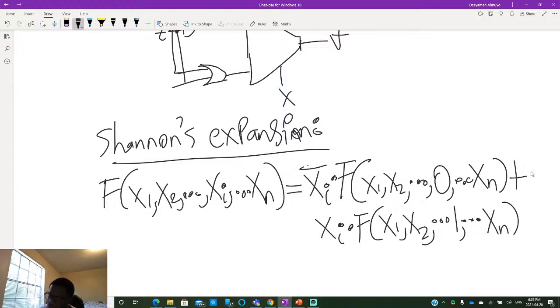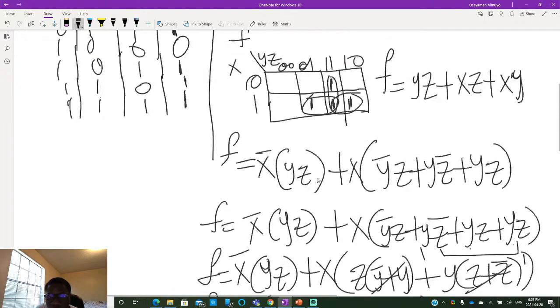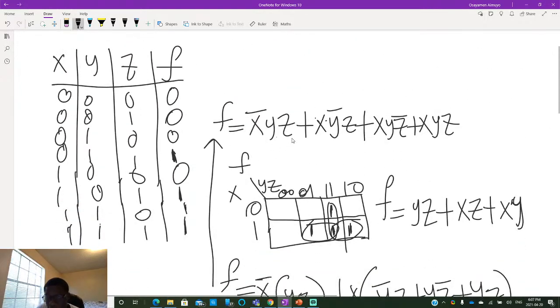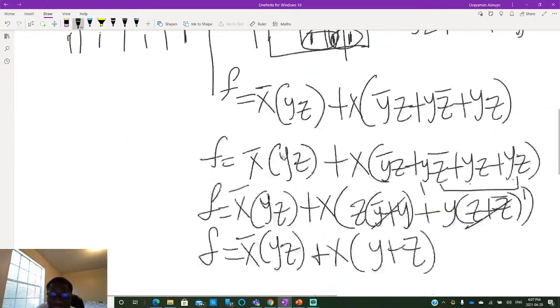Then you add, or, that same variable, and set that variable to 1 in the original function, and the resultant function that you get.